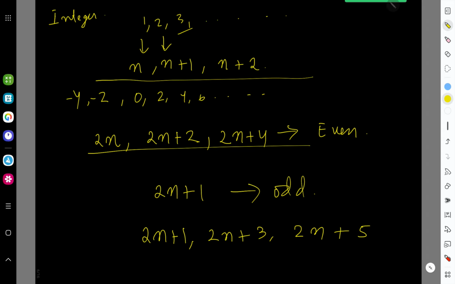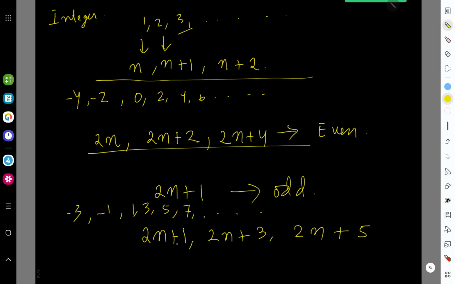We know that odd integers are integers like 1, 3, 5, 7, the list goes on. We can also count in the negative integers. These are odd integers.